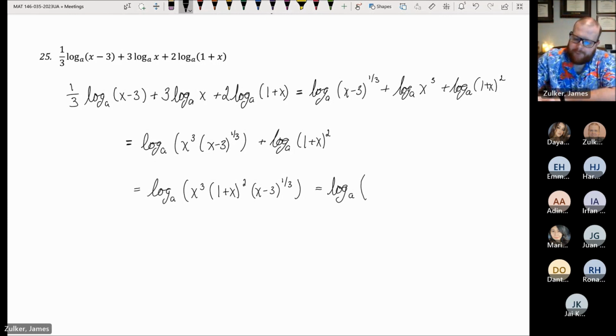I'm going to pull this x cubed inside. Wait. Do I actually want to do that? I don't think I do, now that I think about it.